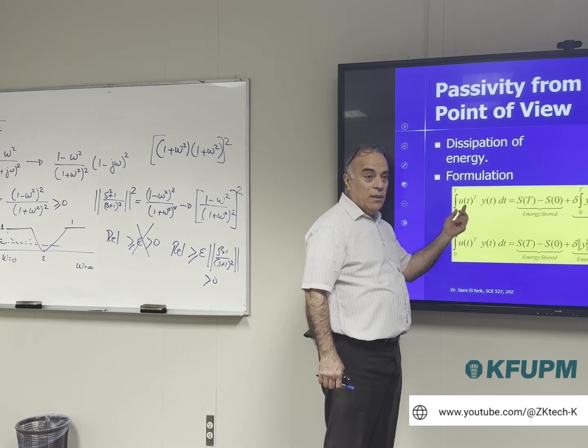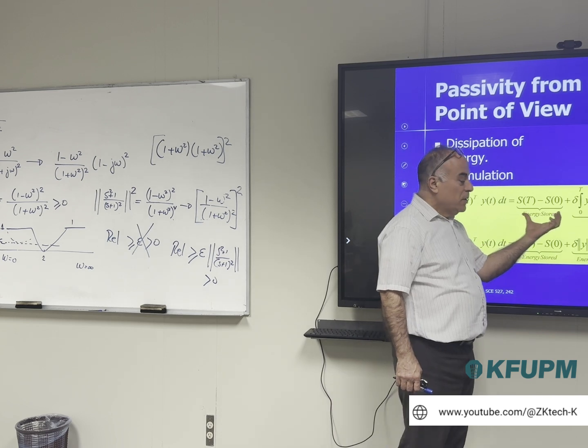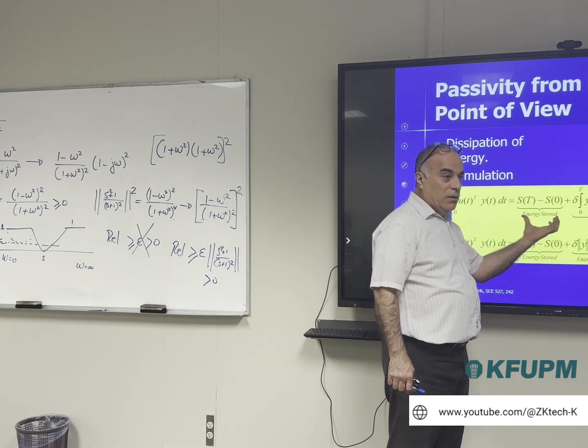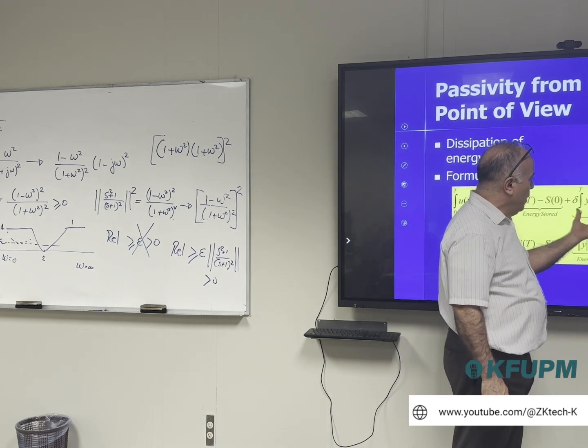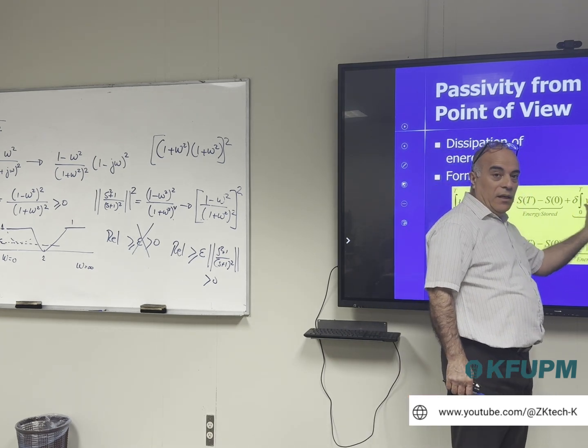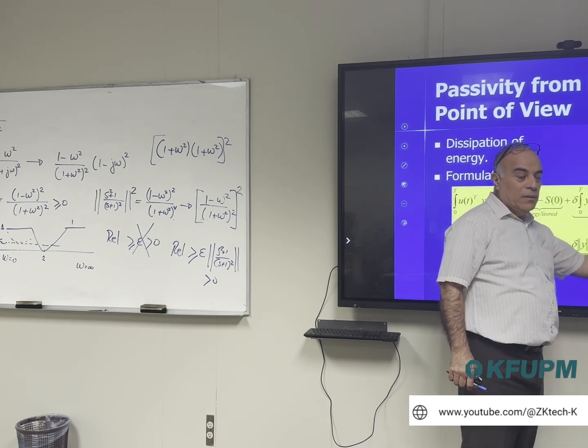Input to the system, so the output of the controller. This one here, if you are in a closed loop, is equal to the energy stored in the system, plus the energy dissipated. And we have here two terms: energy dissipated at the level of the output, and energy dissipated at the level of the input.